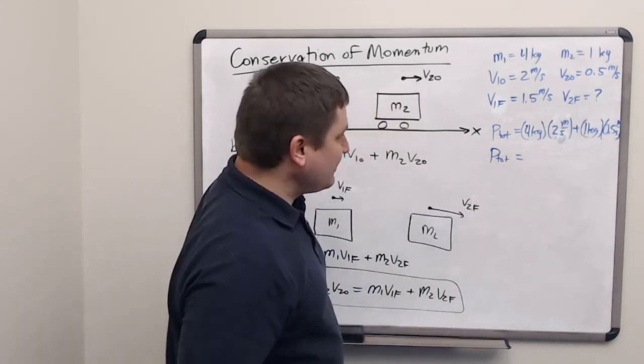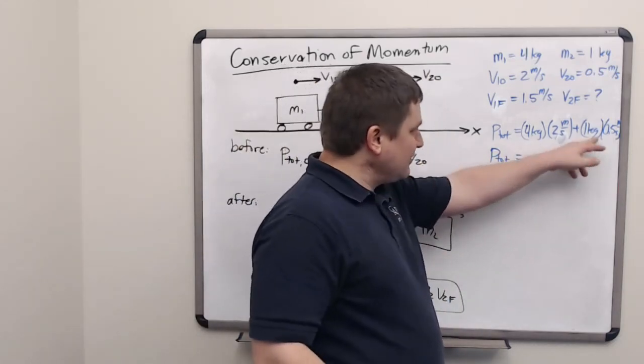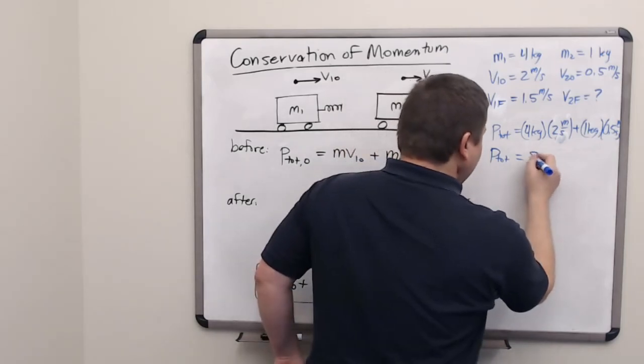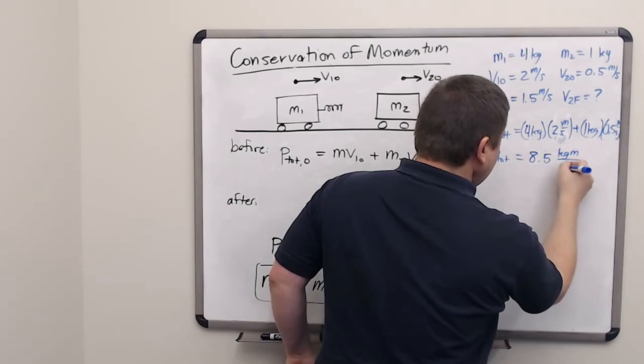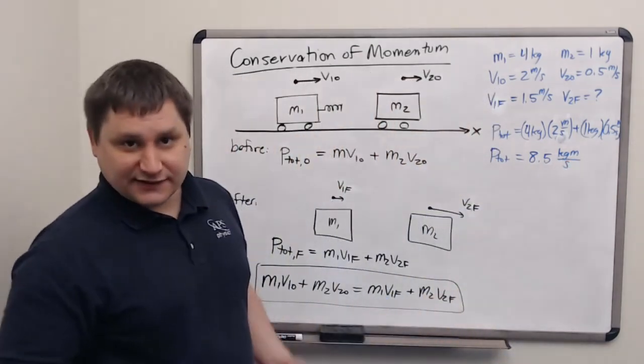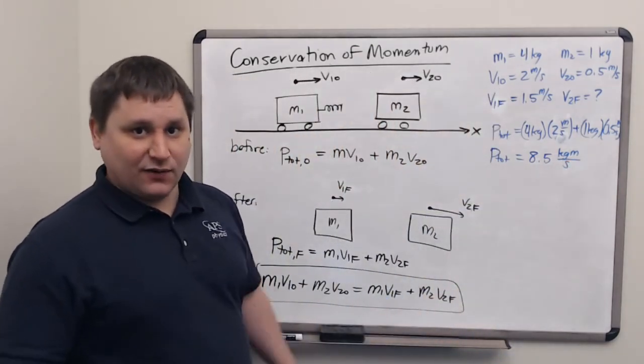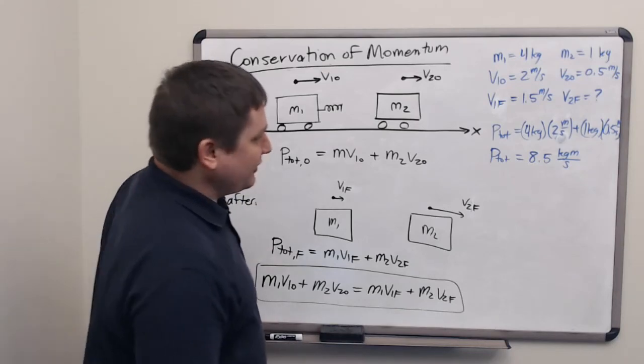So my total momentum is 8 plus 0.5, so 8.5. And our unit of momentum is just kilogram meters per second. There's no better name for it than that, unfortunately.